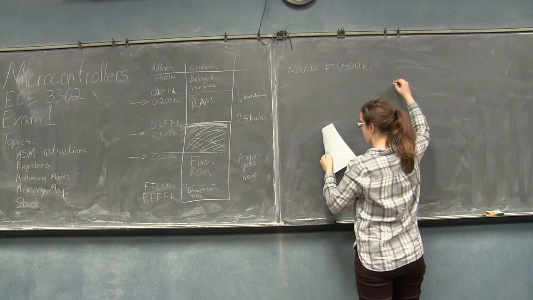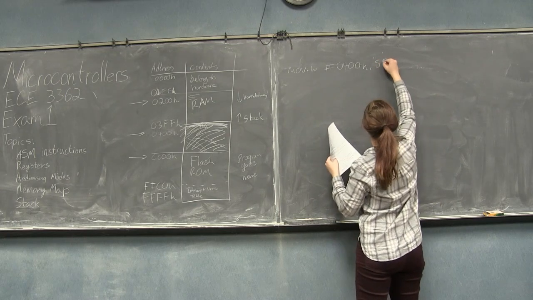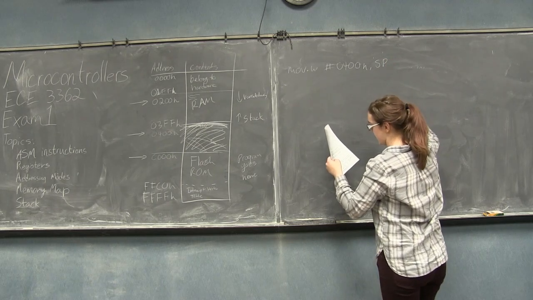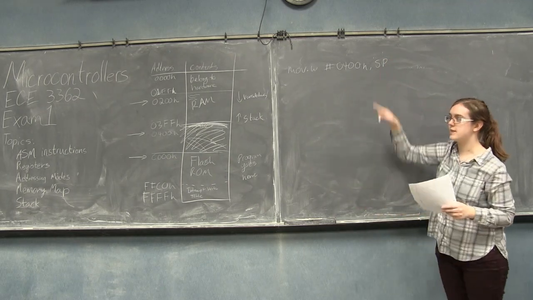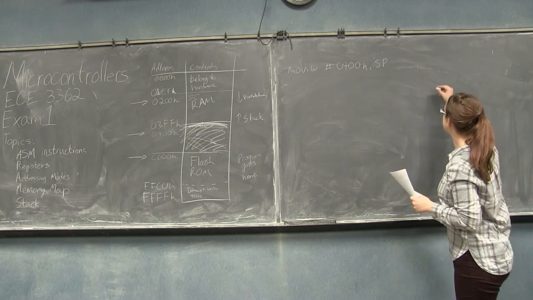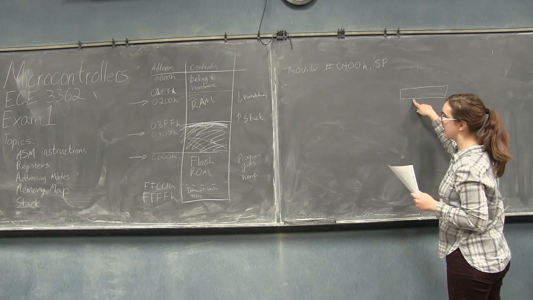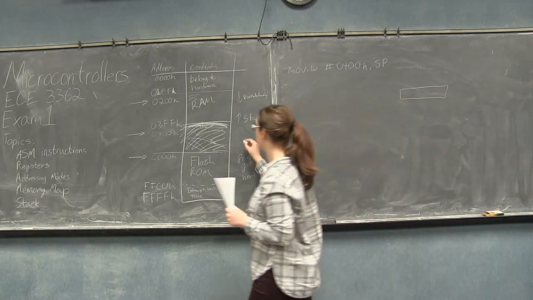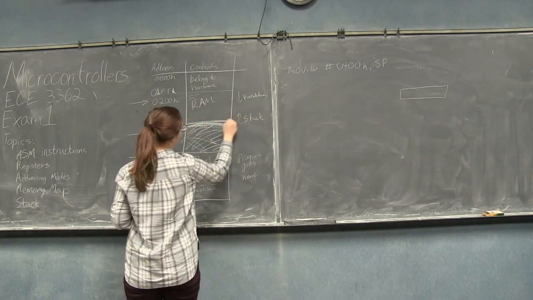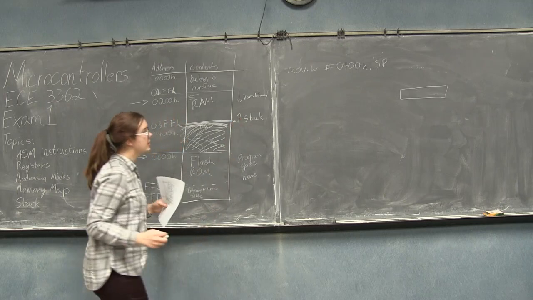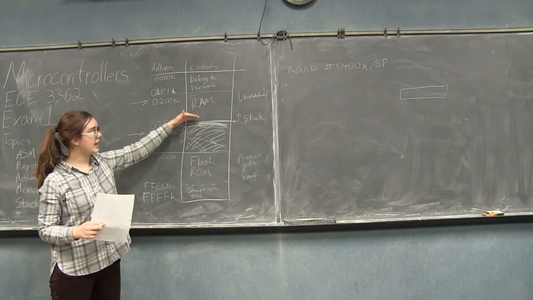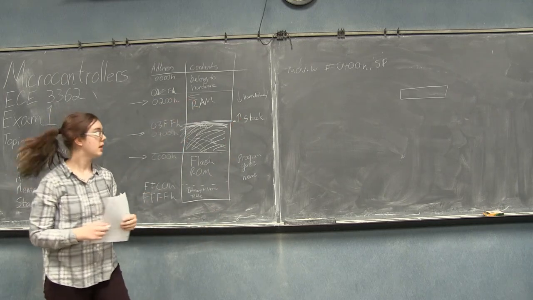You move 400 hex into the stack pointer, and this initializes the stack pointer. The stack pointer is a register that keeps track of the top level in the stack. So that way, when you store values on the stack, it knows where it is.